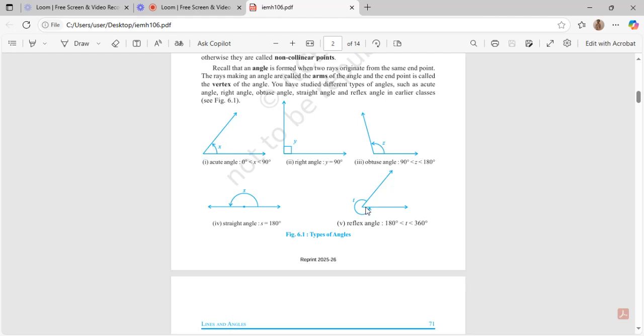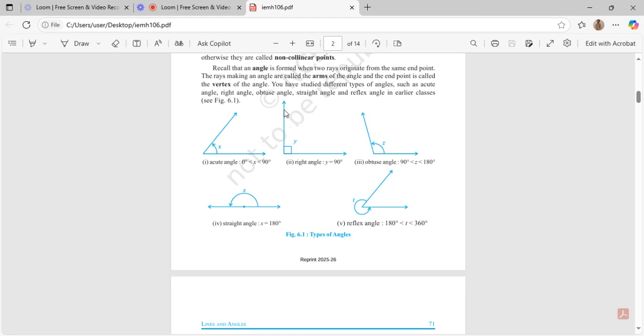The reflex angle will be when we subtract this x from the full turn, which is 360. So 360 minus x is the measure of that reflex angle.